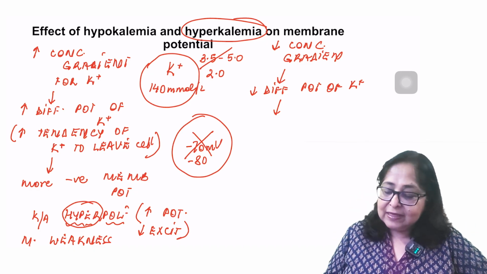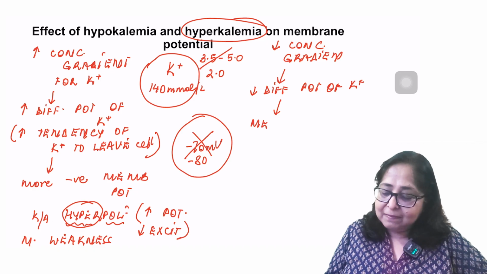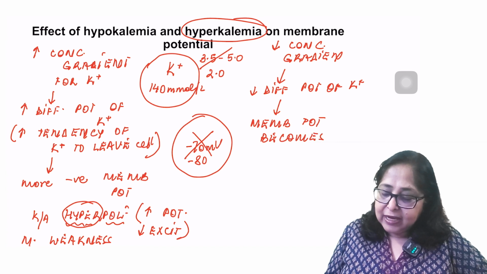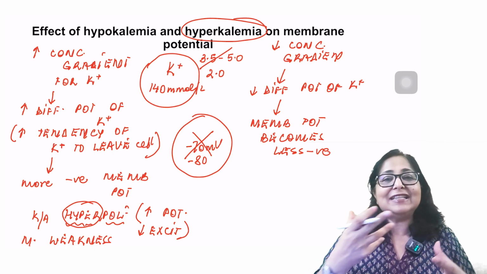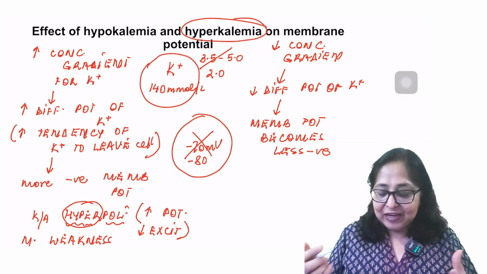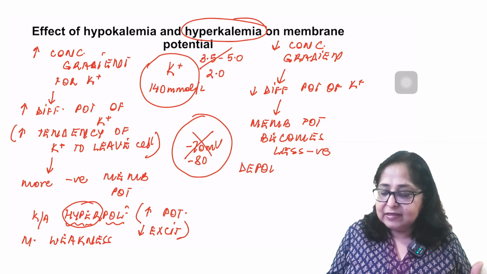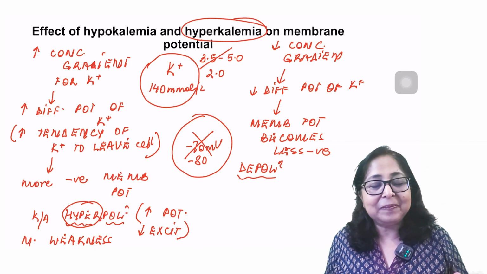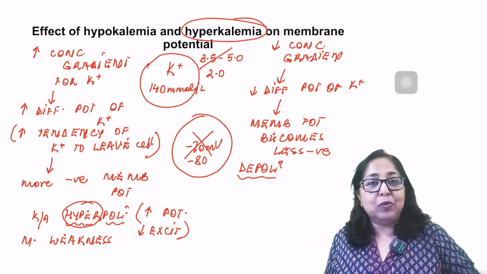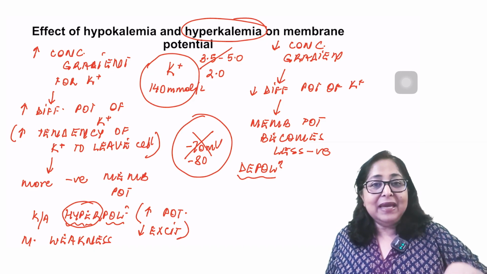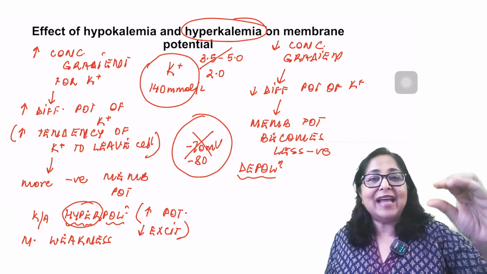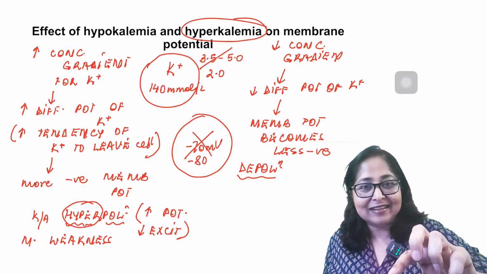So the membrane potential becomes less negative. Instead of being minus 70 millivolts, it may now be minus 60 or minus 65 millivolts. That means now the cell is depolarized. Depolarization means that the potential has decreased, right?